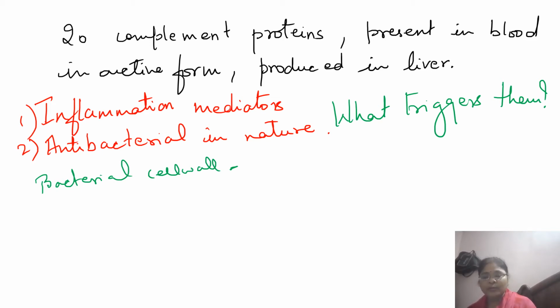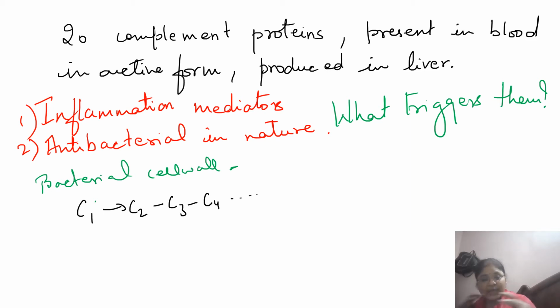Now how do they act against these bacteria? You see, there is a cascade of complement proteins, which means that if one complement protein, suppose I say complement protein C1, gets activated, it activates C2, C3, C4, like that.